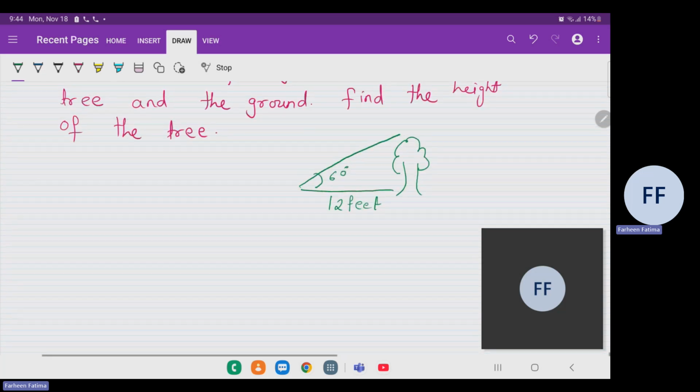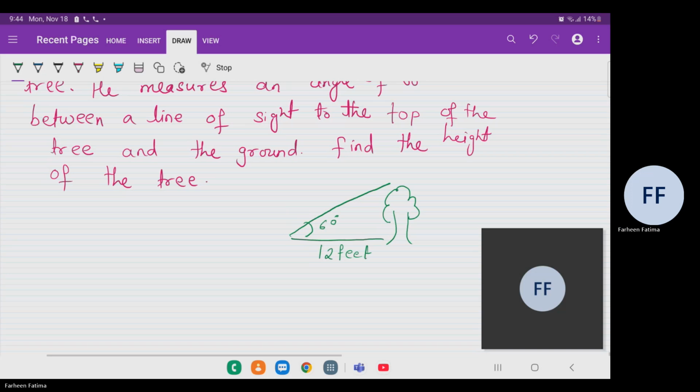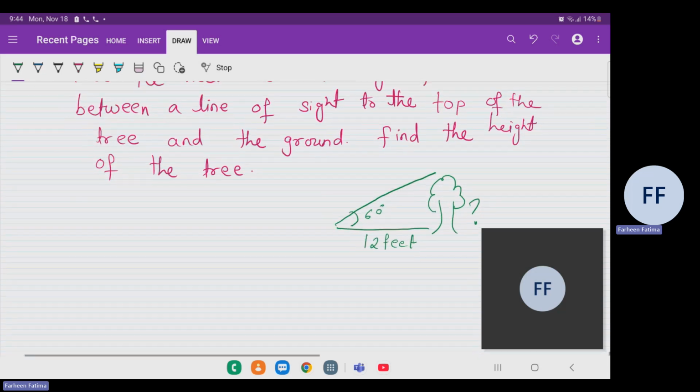Now if you draw the figure, what is asked? You have to find the height of the tree. This you need to find. Understand? So this is your figure: 12 feet, then this is 60 degrees, and this is your height, which you need to find out.